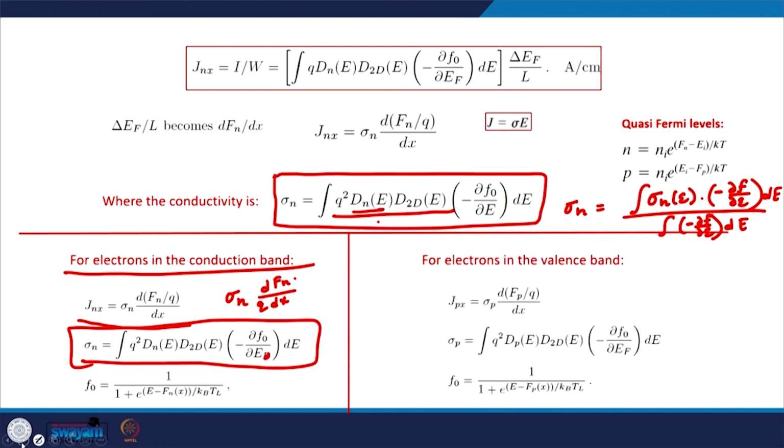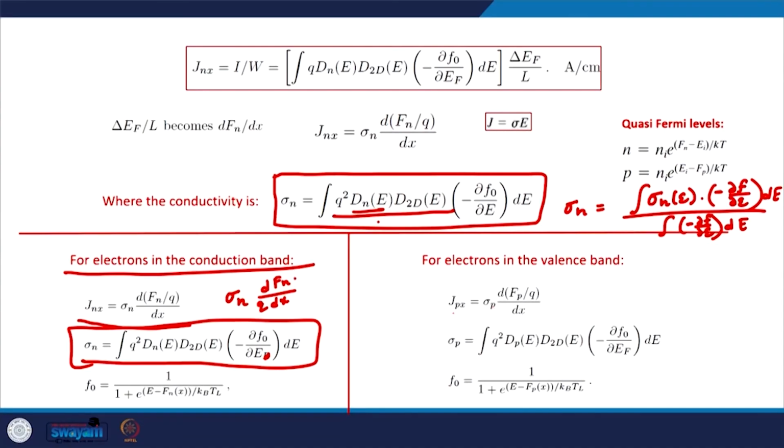Similarly, the conductivity of electrons in the valence band, which essentially indicates the conductivity of holes, will be given by this expression, in which instead of F_n, the quasi Fermi level for electrons, we have F_p, the quasi Fermi level for electrons in the valence band.